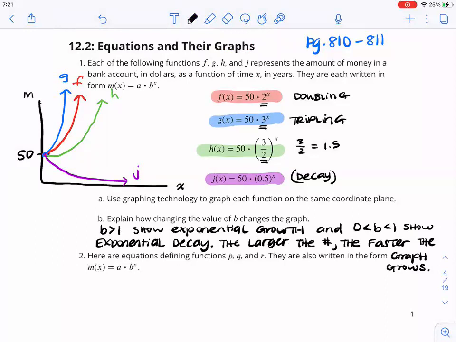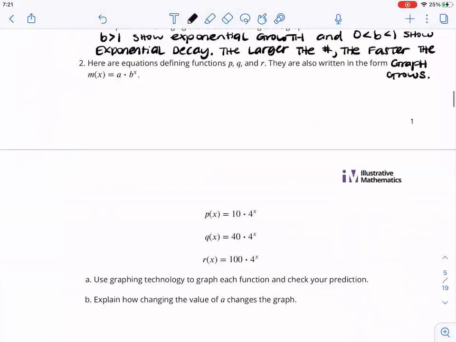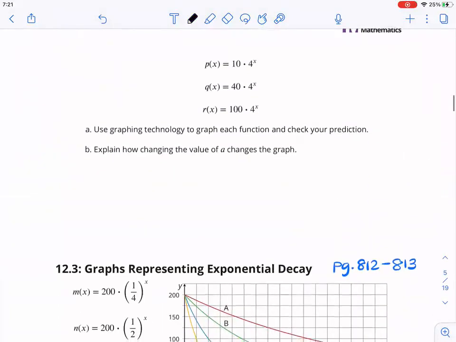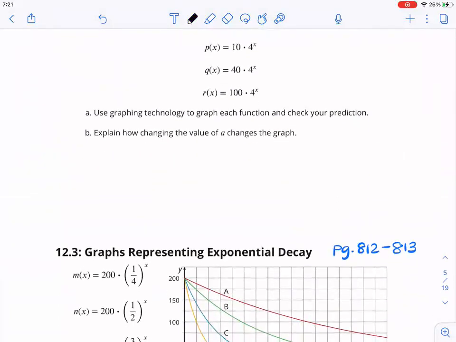All right, and then feel free to add any other additional notes that you want to add there. All right, number 2, it says here are the equations defining functions p, q, and r. They are also written in the form m of x equals a times b to the x. Okay, so here we have p of x equals 10 times 4 to the x, q of x equals 40 times 4 to the x, and r of x equals 100 times 4 to the x.